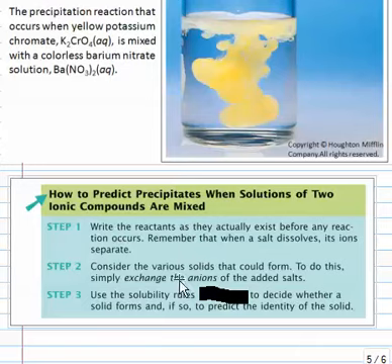We're then going to consider the possible products that could form by exchanging the ions. That is, to take the anions and hook them up with the other cation and predict the possible products. And then we are going to use a simplified set of solubility rules to decide which of those products is soluble and which is not.